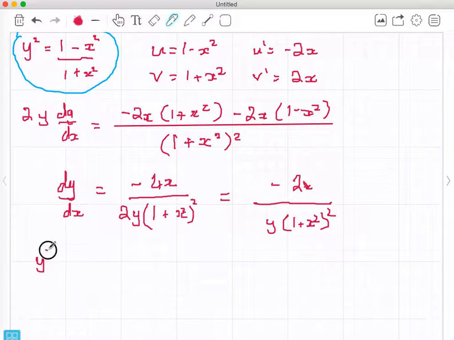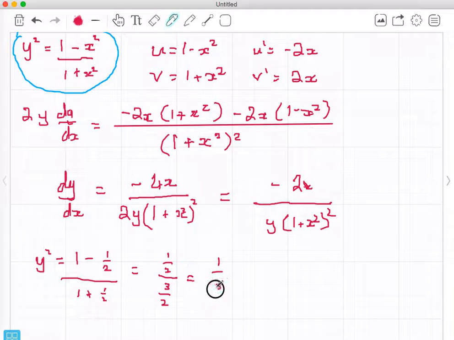So y squared equals 1 minus 1 over root 2 squared, which is a half, and divide the whole lot by 1 plus a half. Now this is going to give me a half divided by 3 over 2, which is 1 over 3. And this is y squared equals 1 over 3.